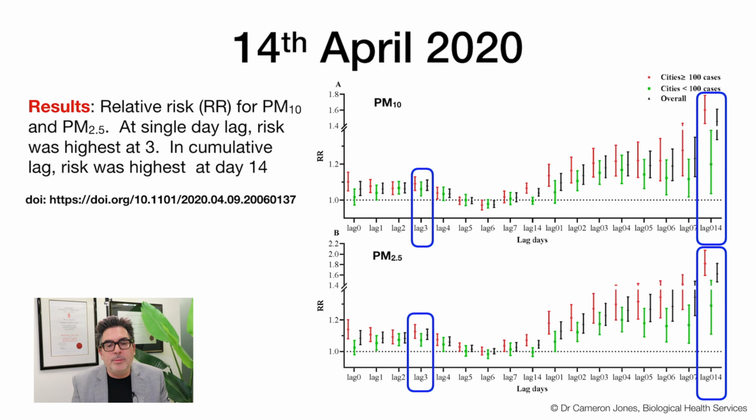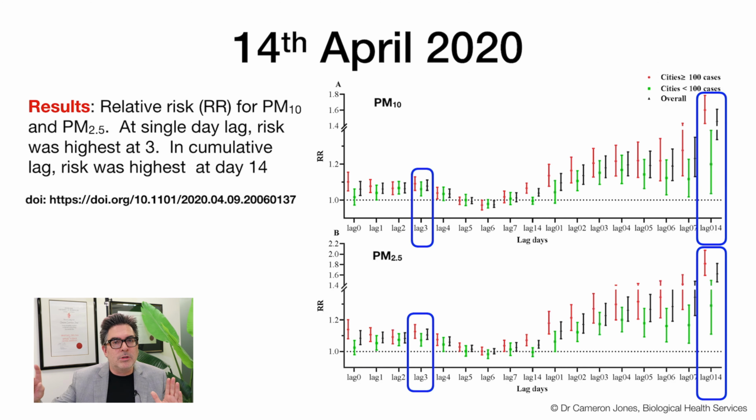But what about the cumulative risk? That's shown on the right-hand side of both of these graphs. You can see that it takes approximately 14 days of continuous exposure to adverse PM2.5 and PM10 levels before there would be a serious episode or a COVID-19 episode.